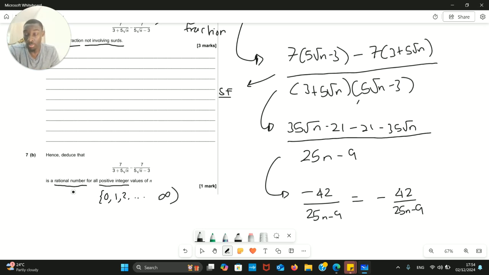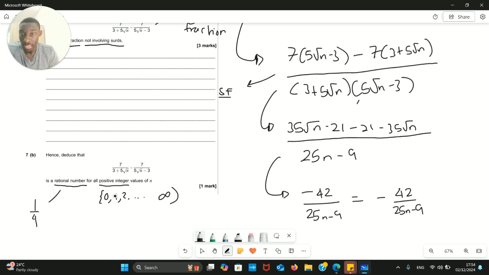A rational number is basically when you have a fraction, or a decimal, but if it's a fraction, you're going to have an integer on top and below. So as a rational number, you can't have surds in the denominator, and so forth.